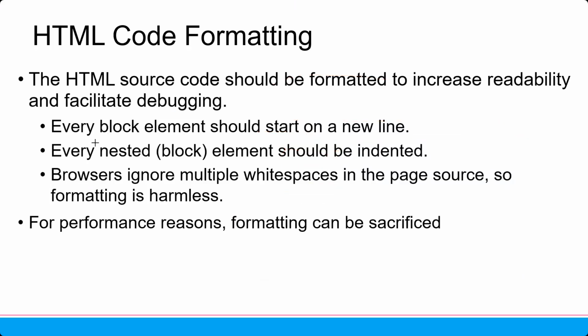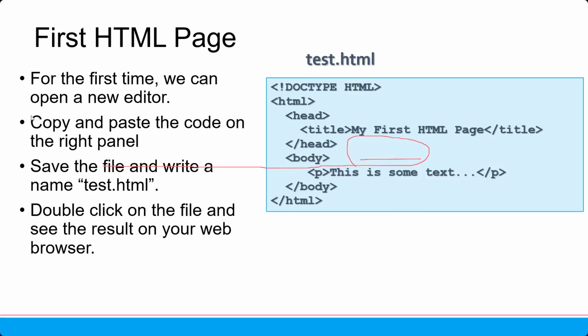Every nested or block element should be indented. What does it mean by indented? This is indented. Okay. There is a space from the left until the beginning of the tag. This is another indentation. There will be space from the beginning until this triangle bracket.